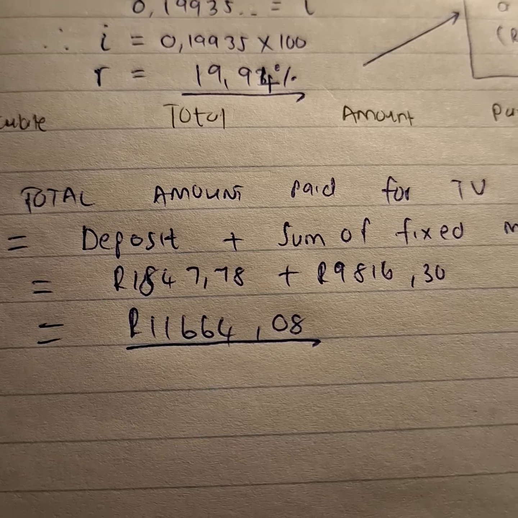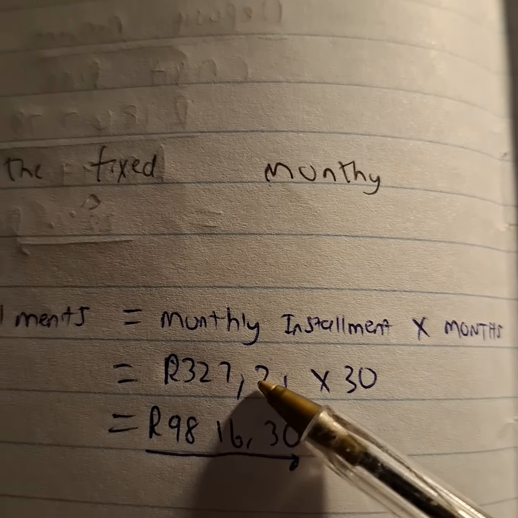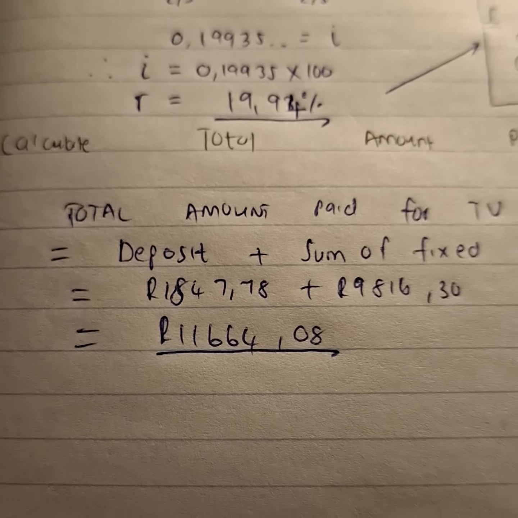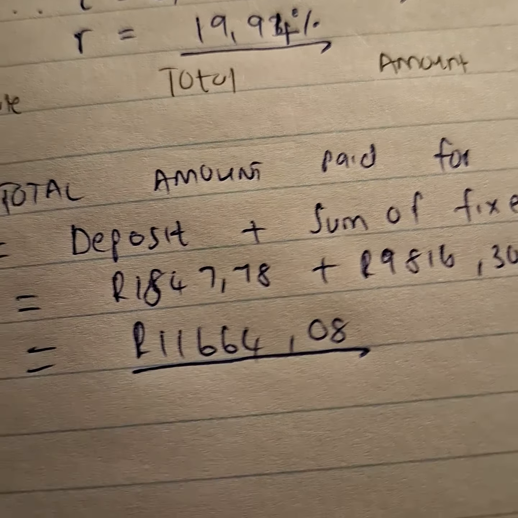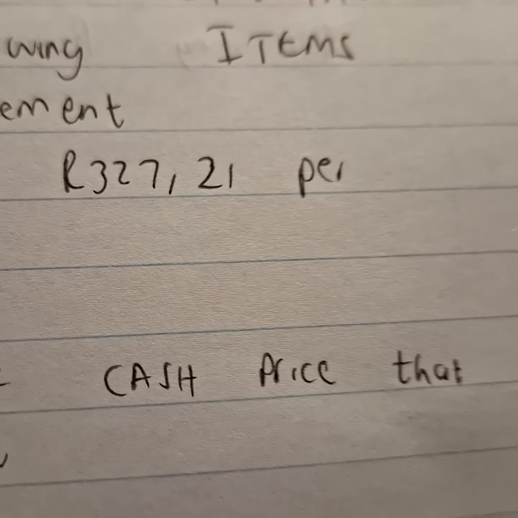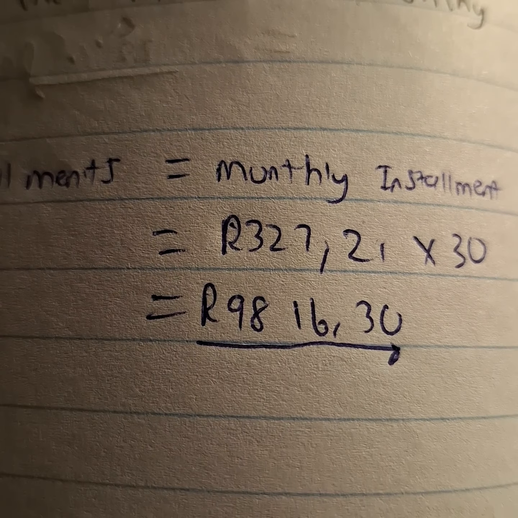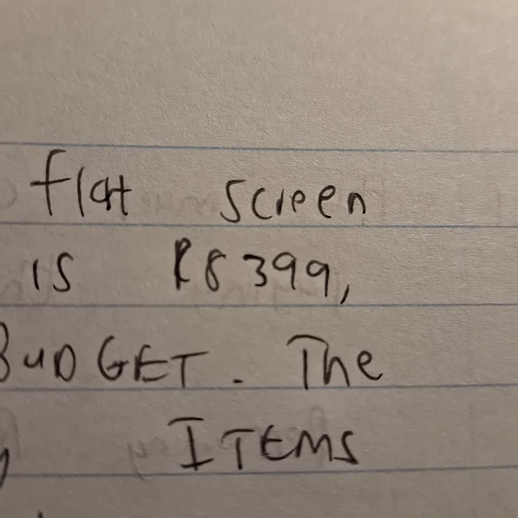Now imagine, that's a lot of money, okay? But how would you feel if you are going to be paying 327 rand 21 cents every month? At the end of the day, you do pay this amount of money to basically secure having that TV, which you would have if you had cash.